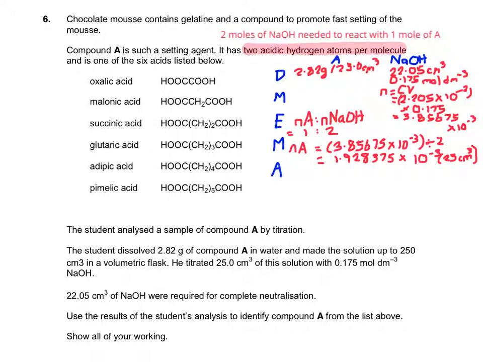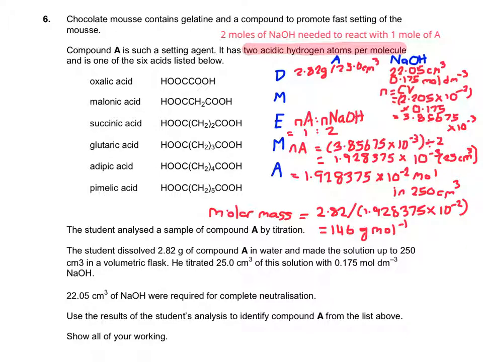But that's in 25 centimetres cubed. In 250 centimetres cubed, you have 10 times as much, same as before. So now we need to work out the molar mass of the compound. That gives us 146 grams per mole, which allows us to say adipic acid is the acid in the chocolate mousse.